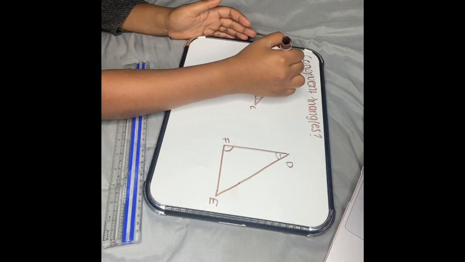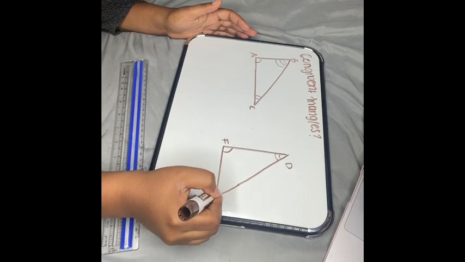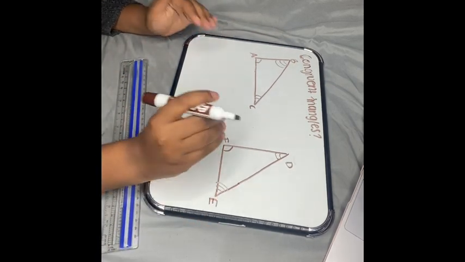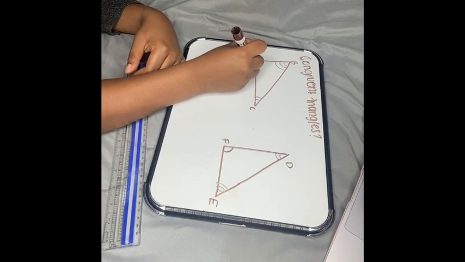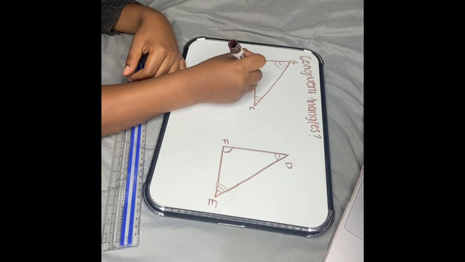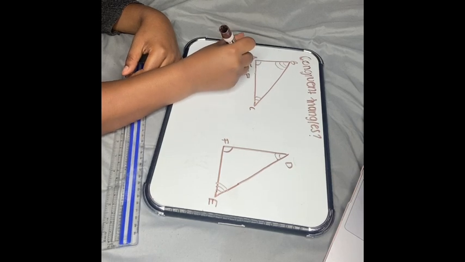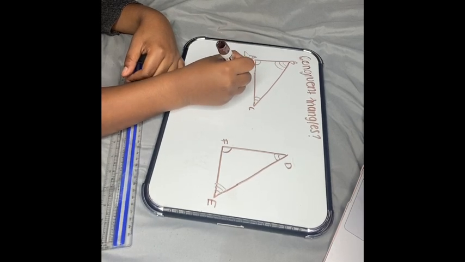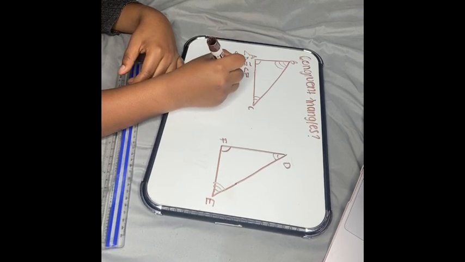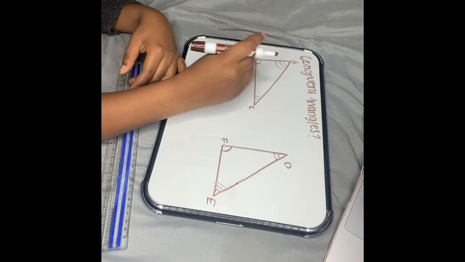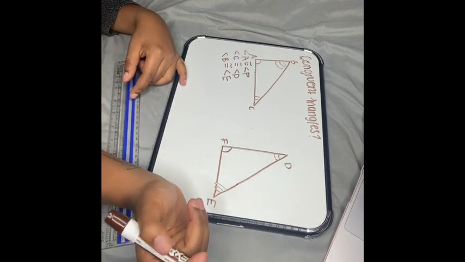Angle B and angle E would have congruent angles if these triangles were congruent. So angle A congruent to angle F, angle C congruent to angle D, angle B congruent to angle E, and all those angles correspond with each other.